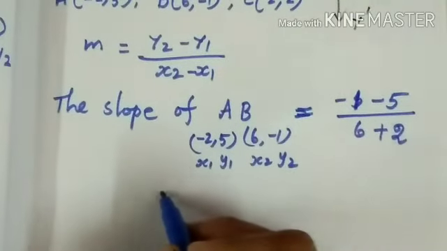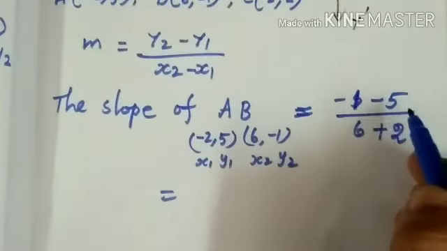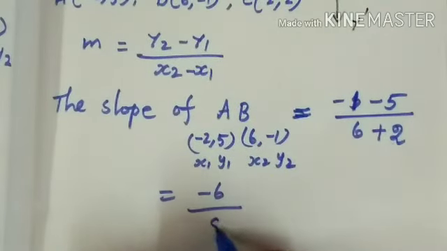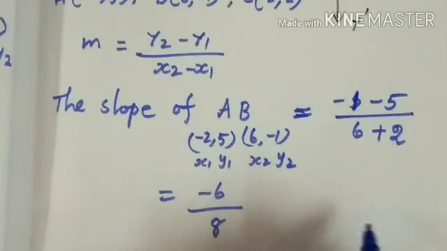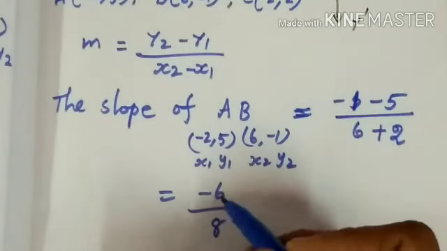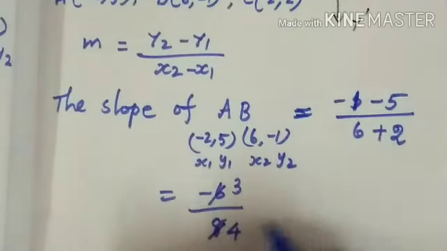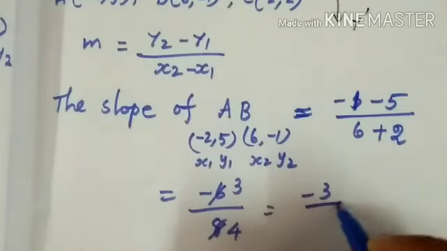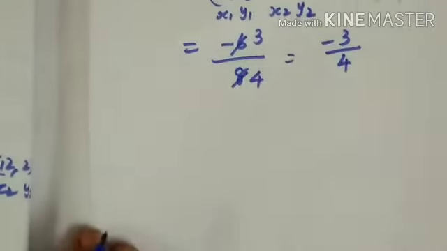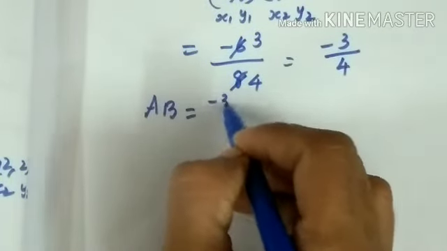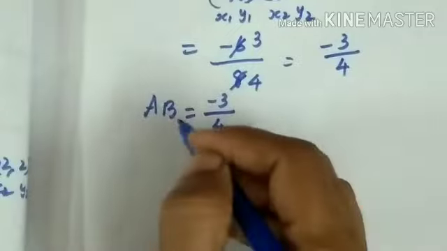Now you have to simplify this, means minus 1 minus 5 minus 6 by 6 plus 2, 8. Now you have to cancelling this by 2 table. 3 2s are 6, 4 2s are 8, that is minus 3 by 4. Hence, the slope of AB is equal to minus 3 by 4.